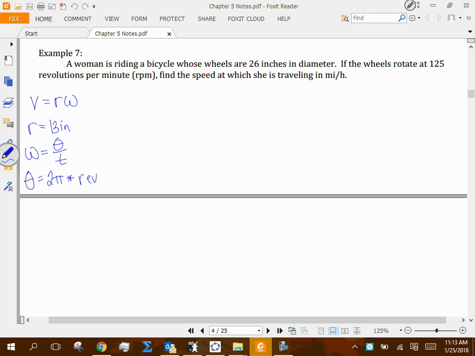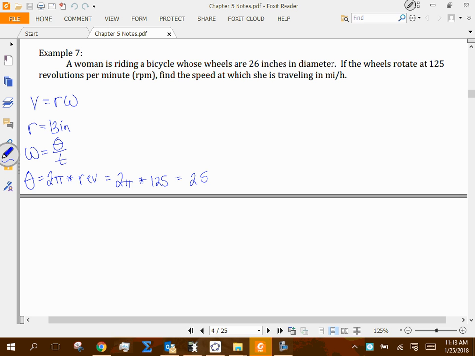So I'm going to write those components down, that radius. And now I'm going to see if I can determine what theta and t are so I can plug everything into this formula. Well, they tell us that the wheel rotates at 125 revolutions, right? That's what we're looking at, 125 revolutions. So can I say that my theta is 2 pi times 125?